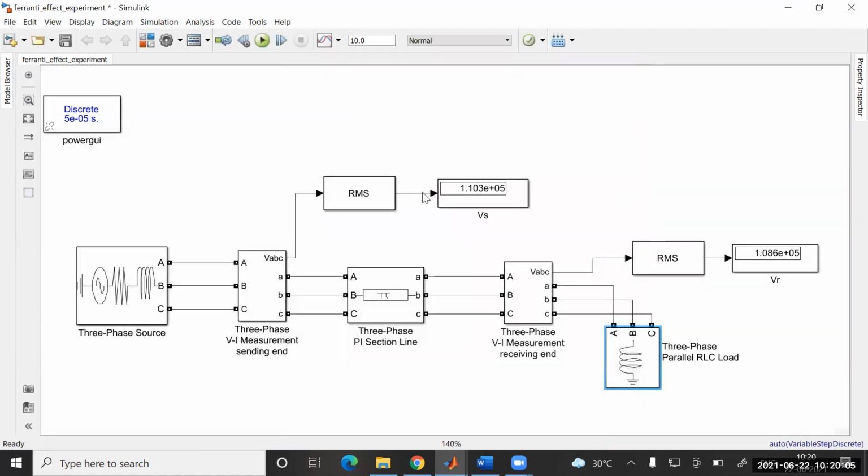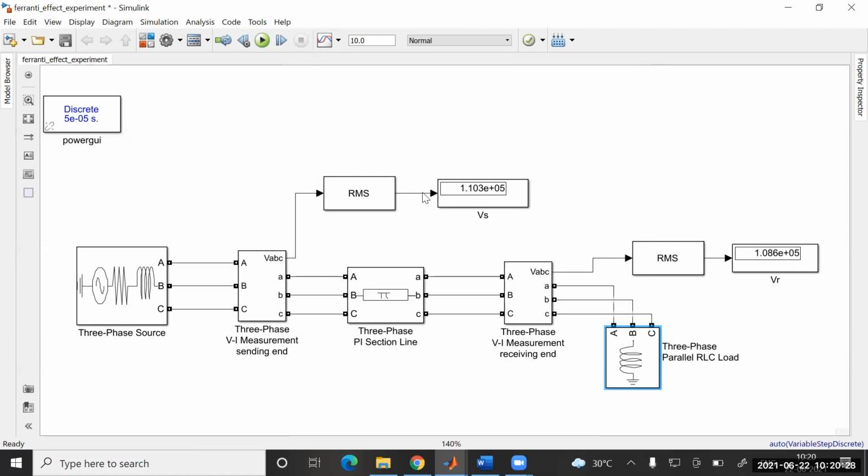See what happens when we apply this shunt inductive element to this. Your VR is controlled, right?